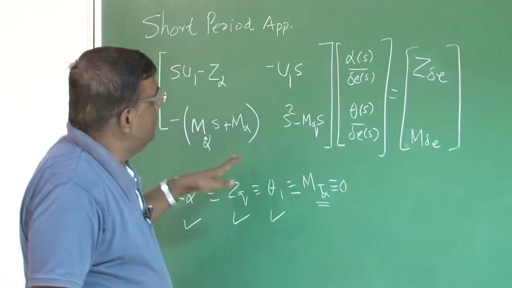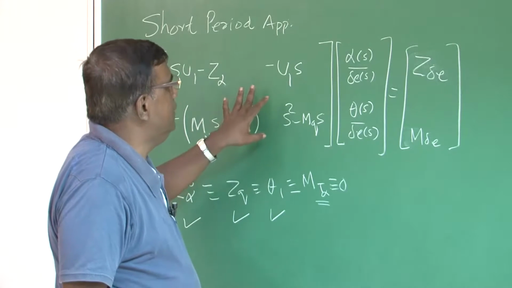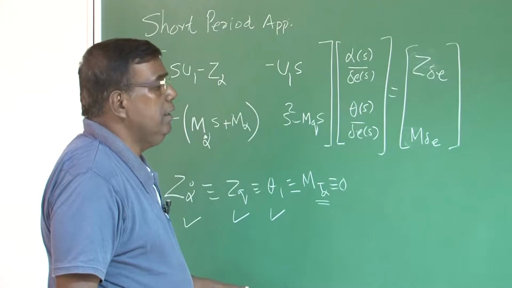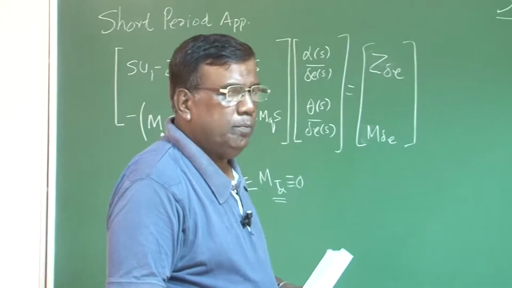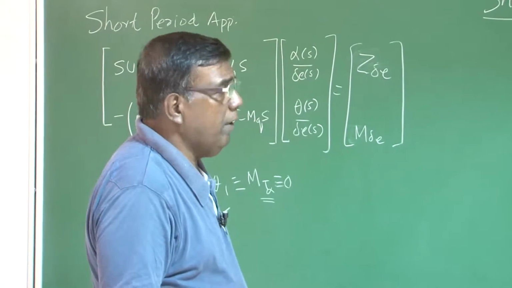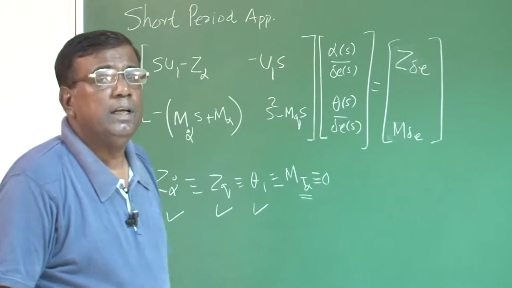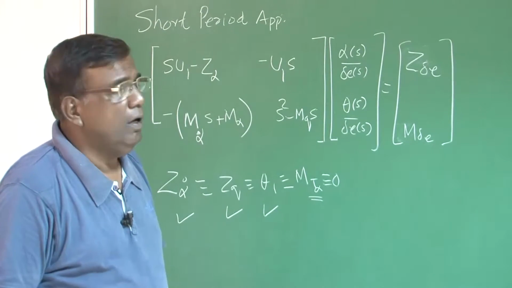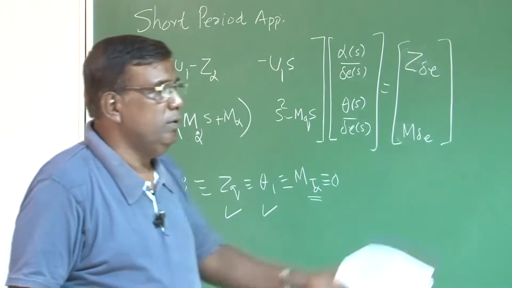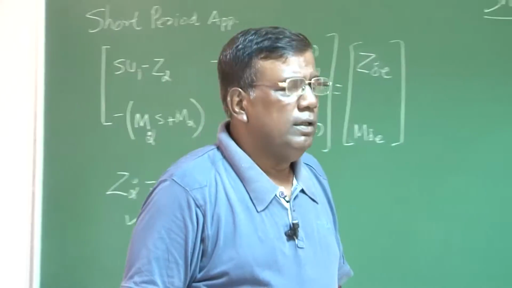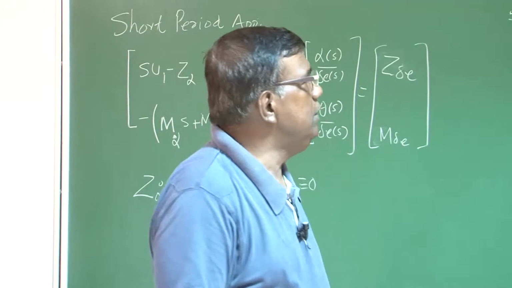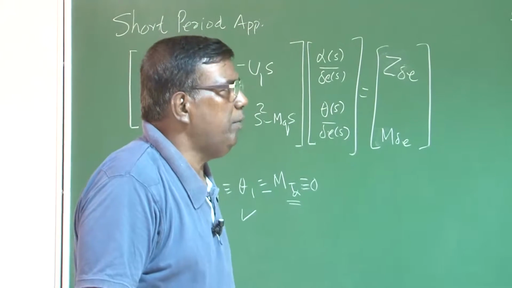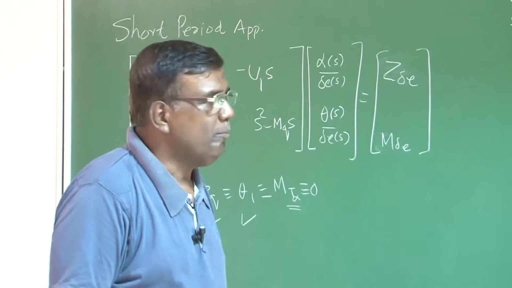So, this becomes a very simple matrix to handle, and from there we found out the omega n short period and the damping ratio through this approximation, then we compared with the exact solution, and we found for this airplane values are fairly close, and we say generally short period approximation is a good approximation.